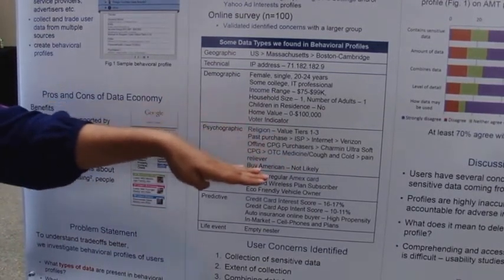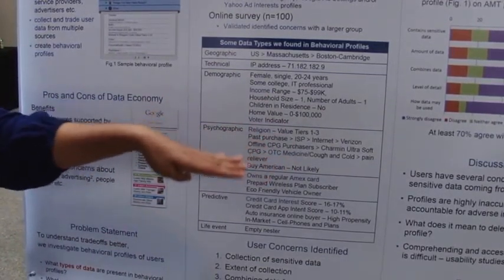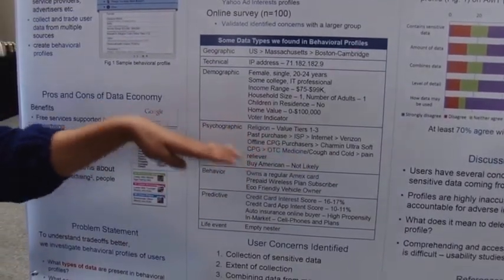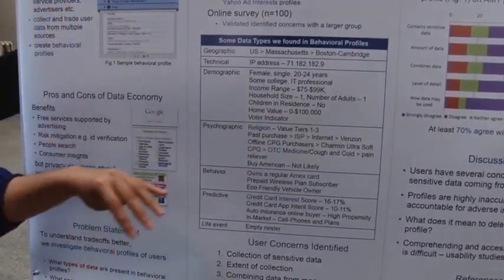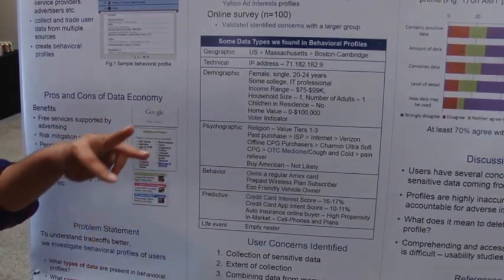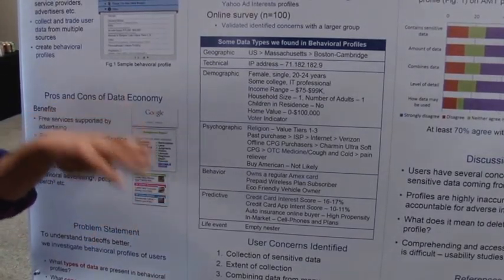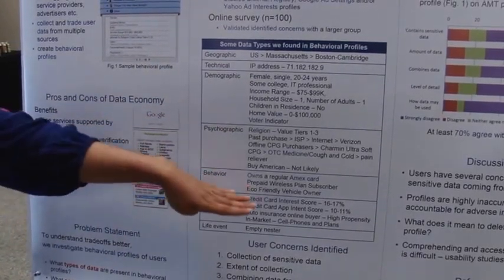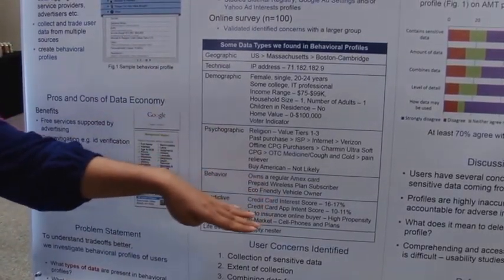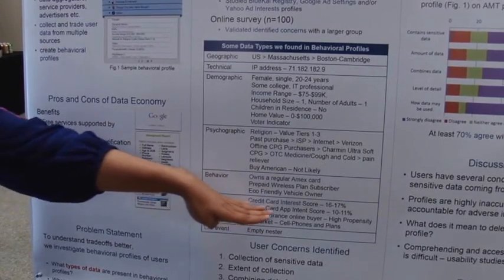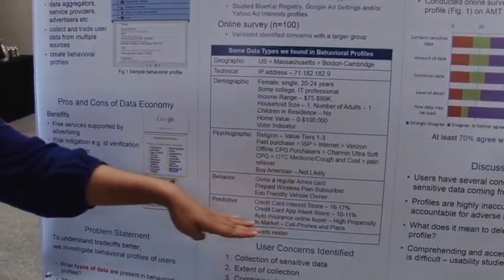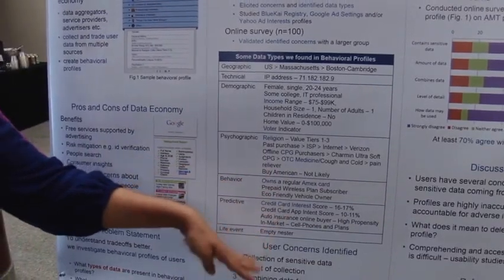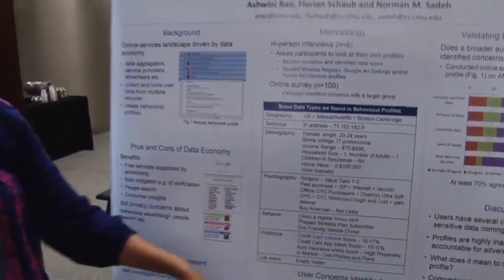We found over the counter, but still it's sensitive to some users. These aggregators claim that they have information about depression, diabetes. We didn't find it right away, but we may find it later. Are you likely to buy American? There's this credit card interest score. There are many other things that are out there.